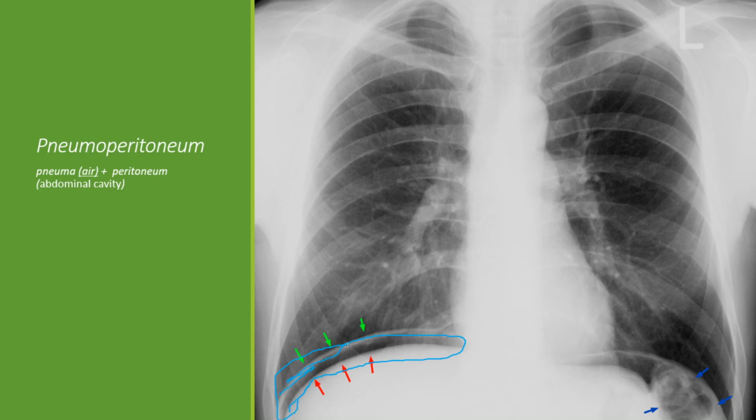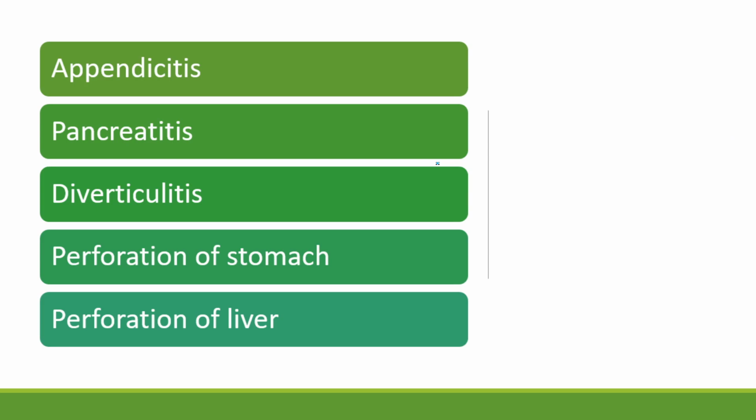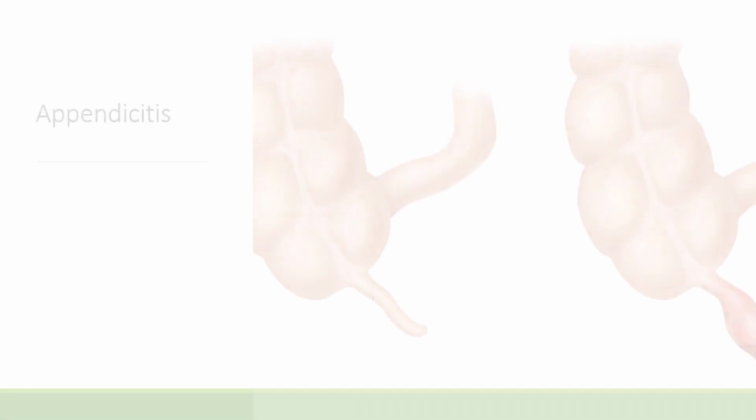It is the diaphragm, it is the lung, and it is free air in the abdominal cavity. Next one, pneumoperitoneum is a sign of what diseases? There we will talk about all these diseases.